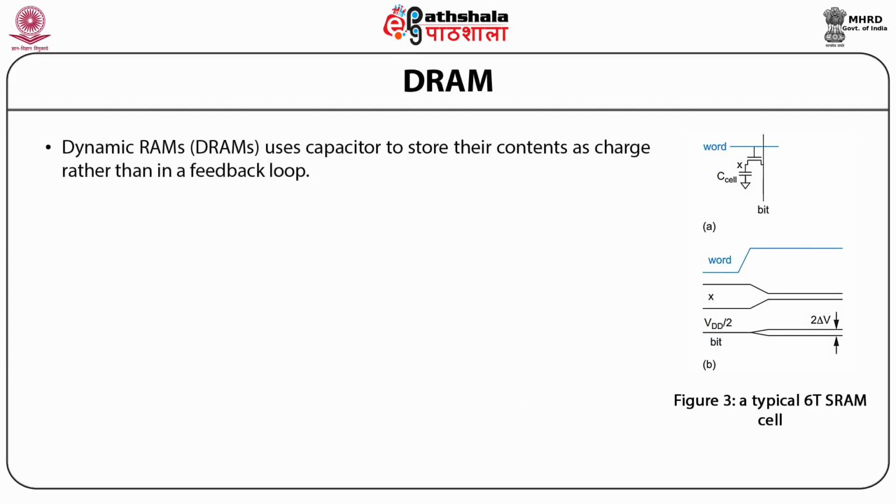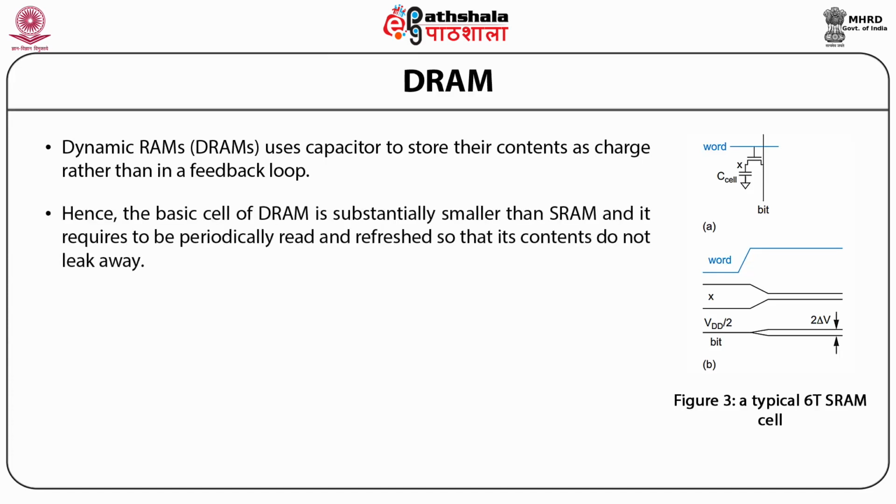DRAM or dynamic RAMs use capacitors to store their contents as a charge rather than in a feedback loop. Hence, the basic cell of DRAM is substantially smaller than SRAM, and it requires to be periodically read and refreshed so that its contents do not leak away.